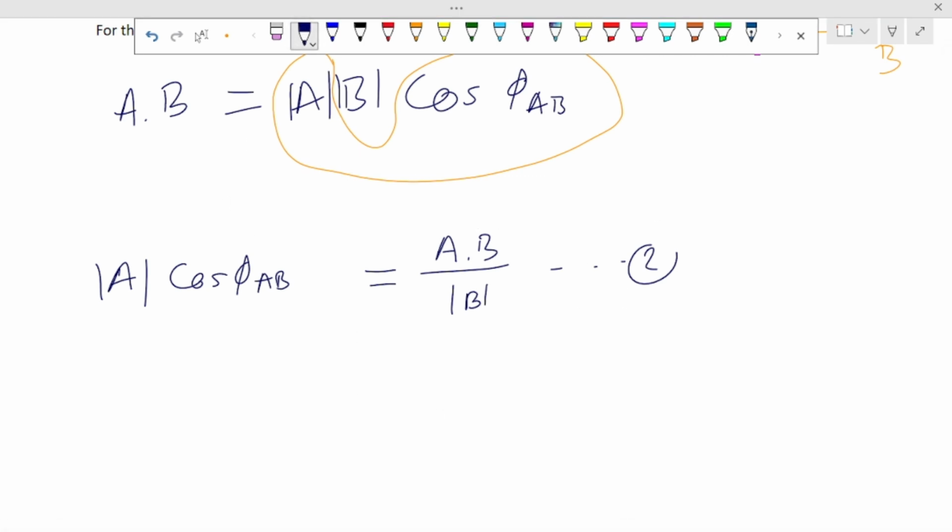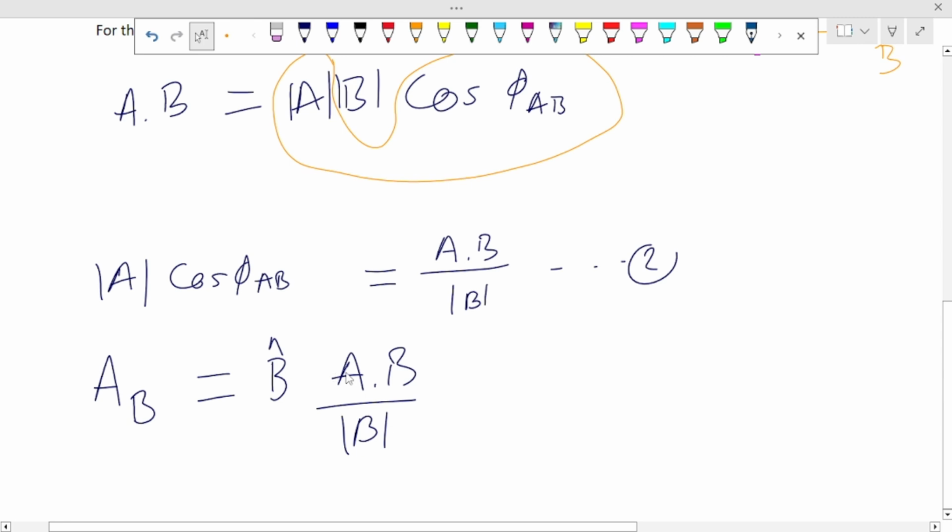To get the vector projection of A onto B, we need its direction, which is the same as B, and then its magnitude, which is B dot A over the magnitude of B. Okay, so this is it.